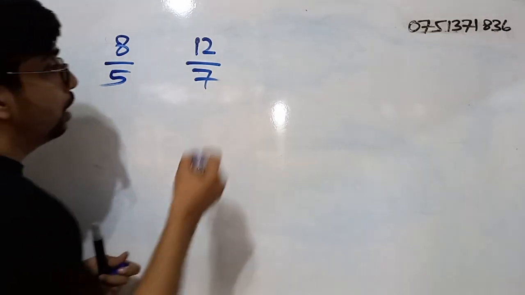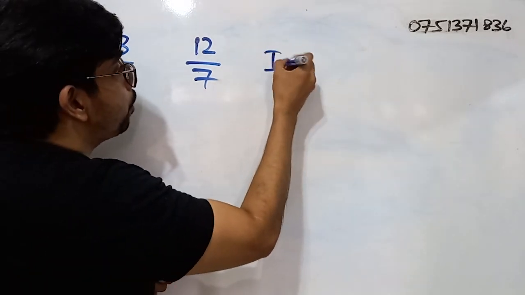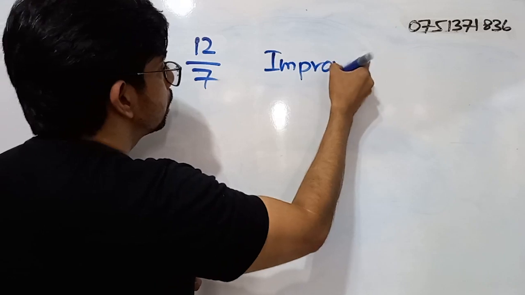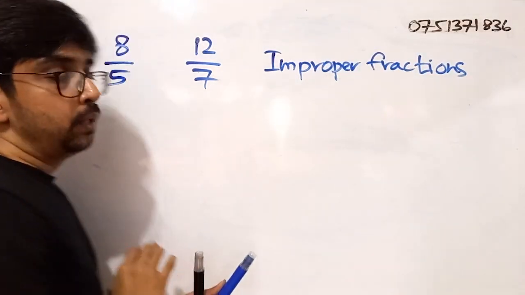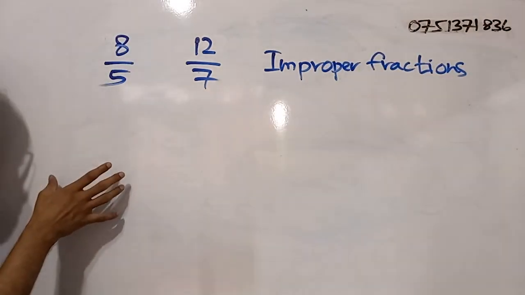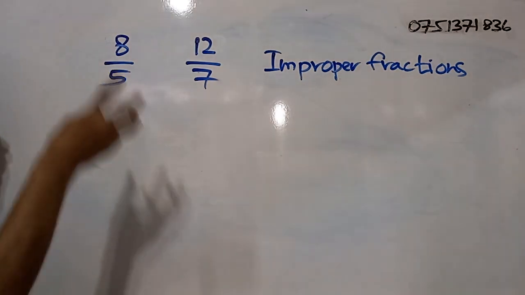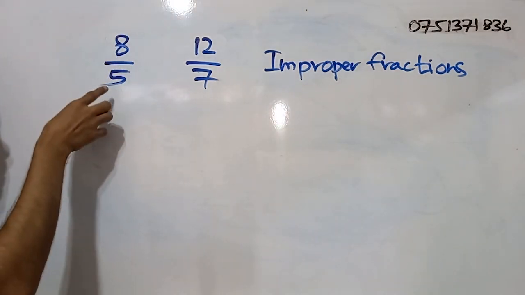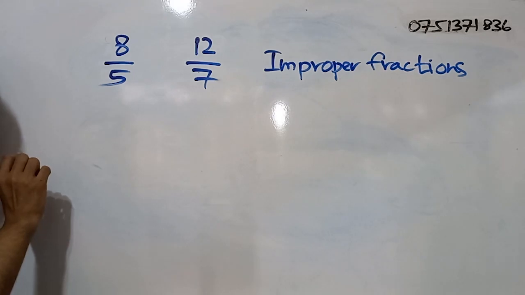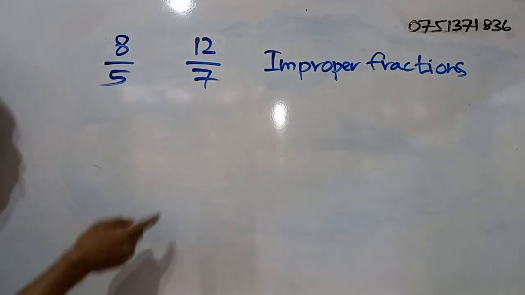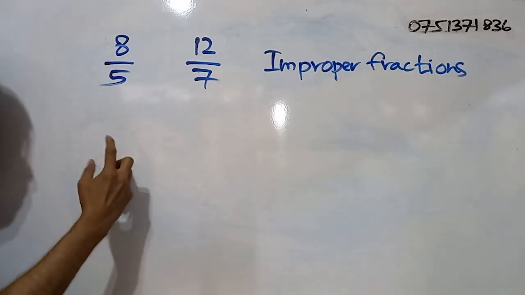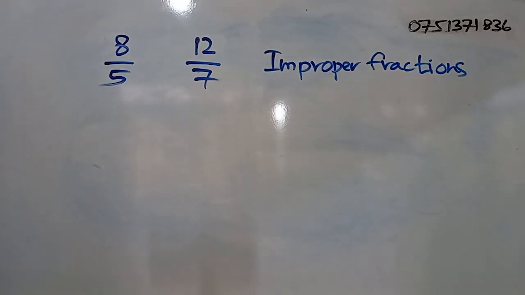We refer to them as improper fractions. In improper fractions, the thing you have to remember is that the numerator is always larger than the denominator, or the other way around, the denominator is always smaller than the numerator.